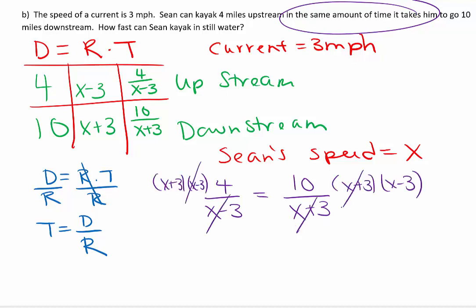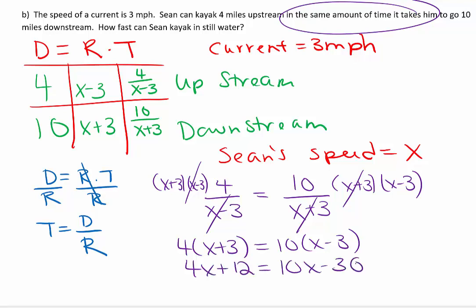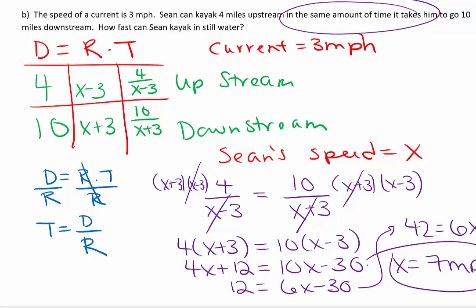I multiply both sides by the LCD, and I'm left with 4 times x plus 3 equals 10 times x minus 3. Get rid of parentheses. I put all the x's on one side, everything without x on the other side, and I finish by dividing both sides by 6. So x is 7. That tells me that Sean's speed is 7 miles per hour.